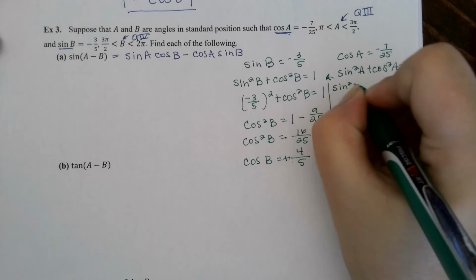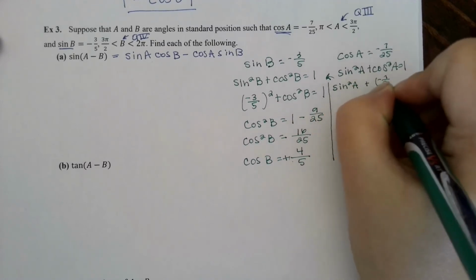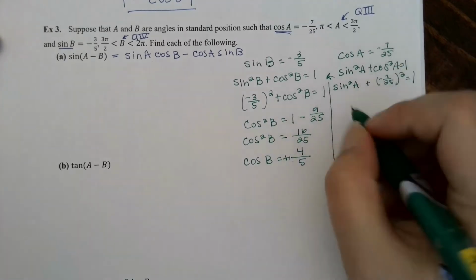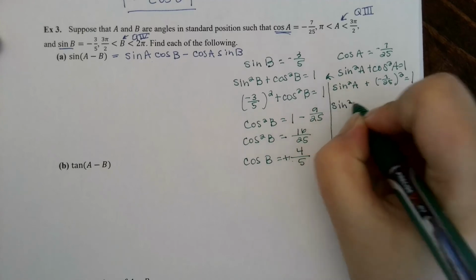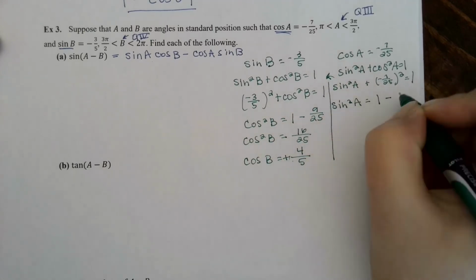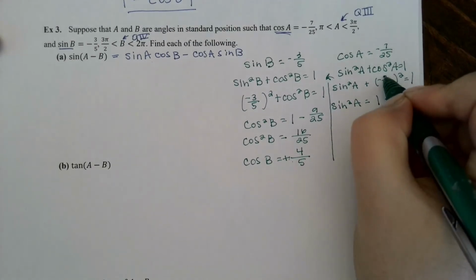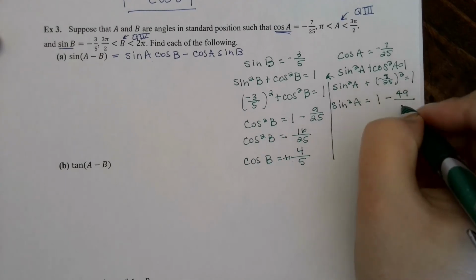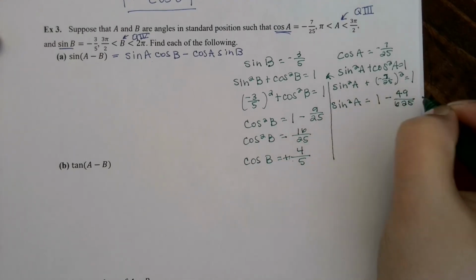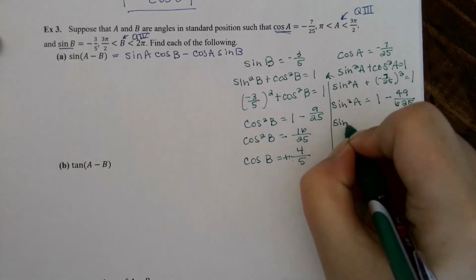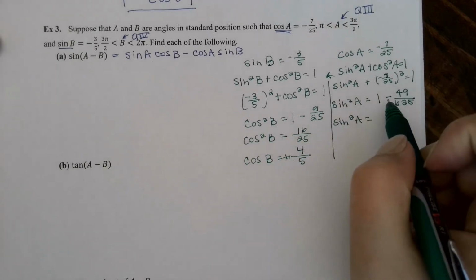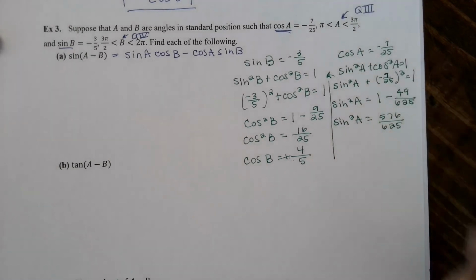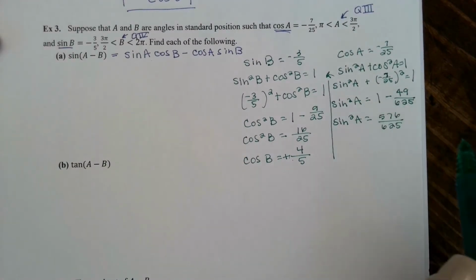So sine squared A plus (-7/25) squared equals 1, where I just plugged in for cosine A. Then sine squared A equals 1 minus (-7/25) squared. 7 squared is 49, and 25 squared is 625. So sine squared A is equal to 576/625, since it's just 1 minus 49/625.